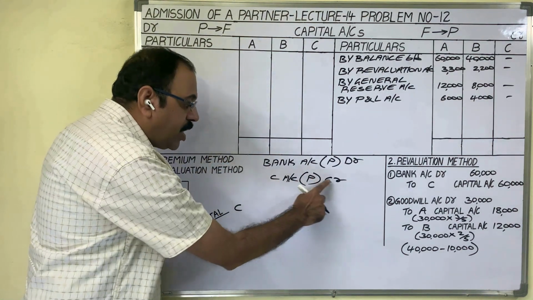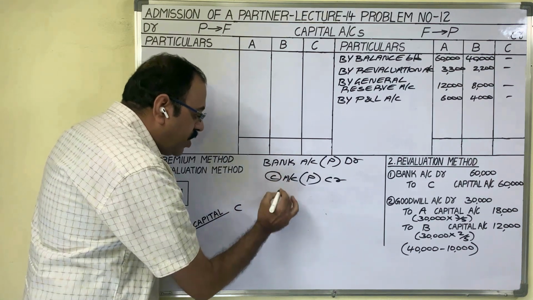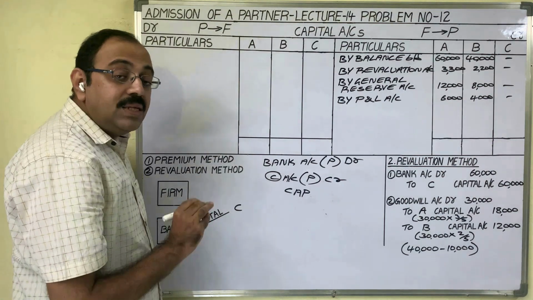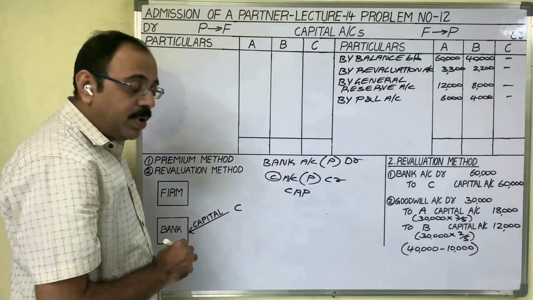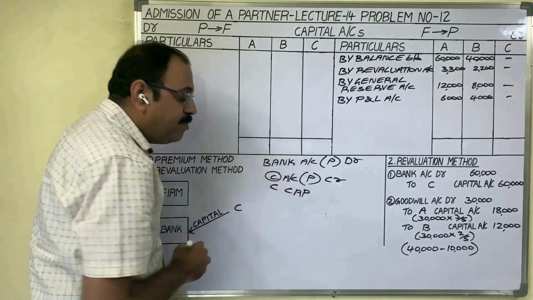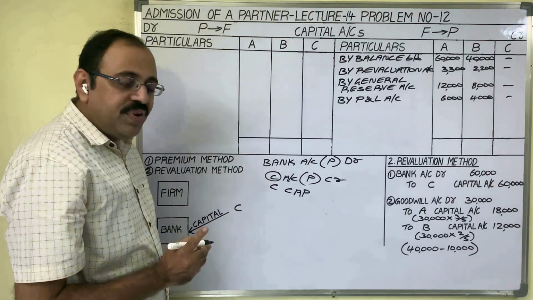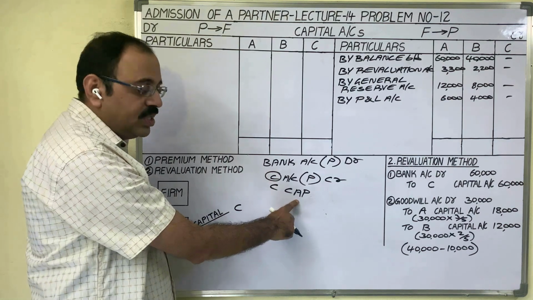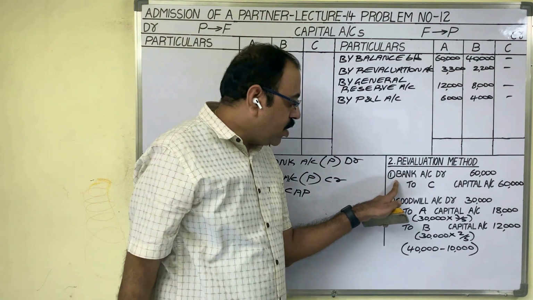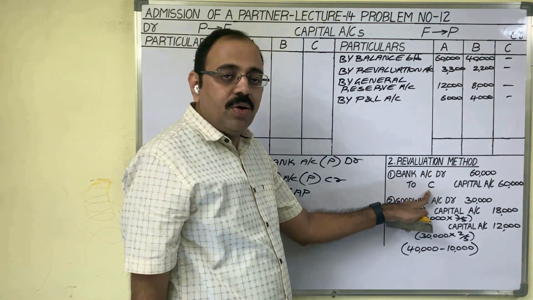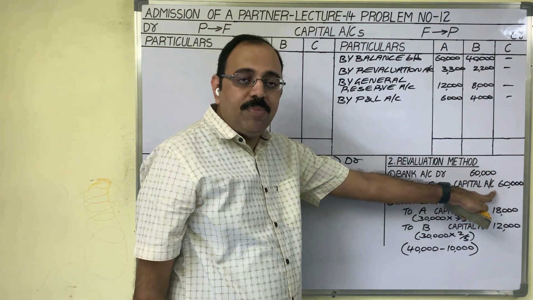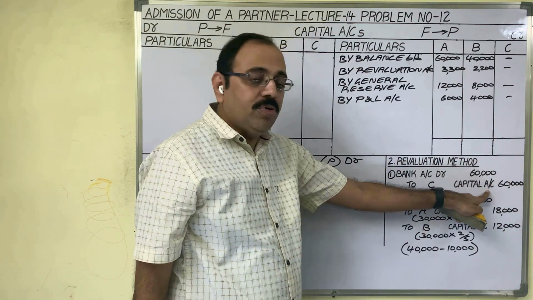When the owner's name comes in credit, instead of writing the owner's name, we have to write the word capital. As this is a partnership related problem, we have to prefix the partner's name. So the first entry is bank account debtor to C capital account. The new partner is bringing 60,000 rupees as capital, so write down that amount.